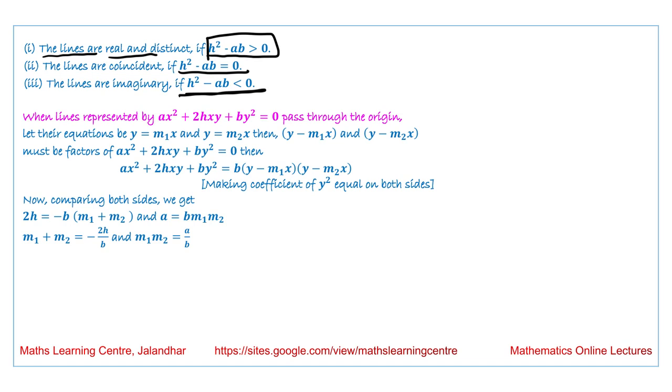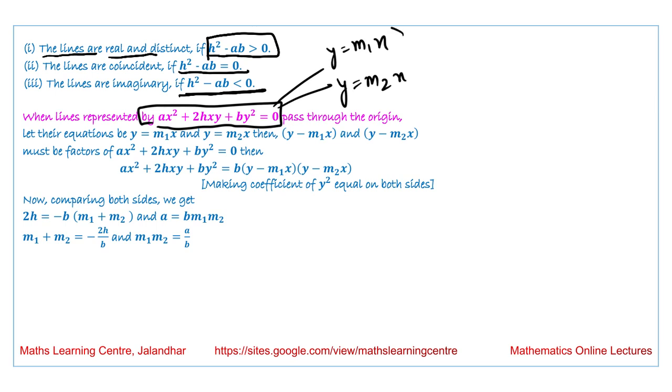Next we have the condition when the lines pass through the origin. The corresponding equations are in the form y is equal to m1x and y is equal to m2x. Why do we have the equations in this form? The value of the intercept is 0, that is, these two lines pass through the origin.